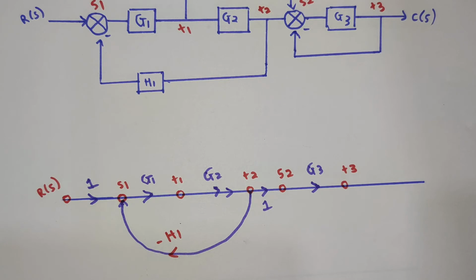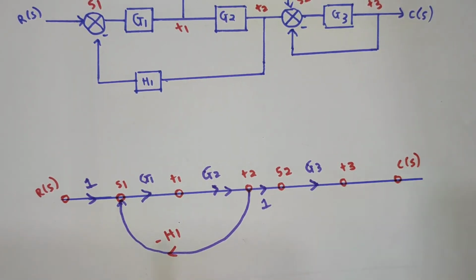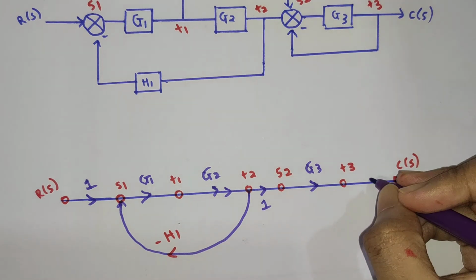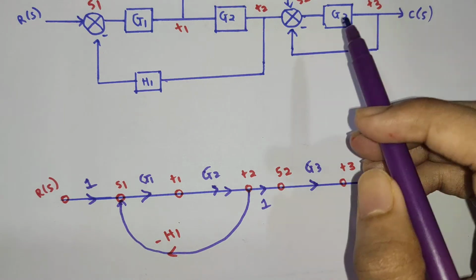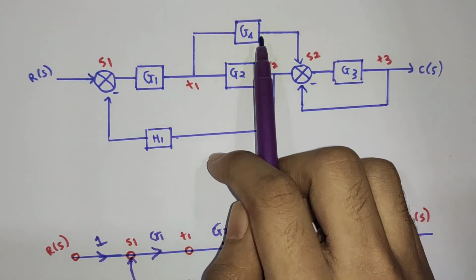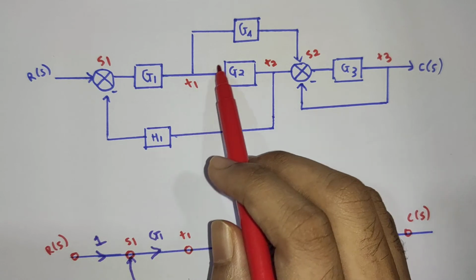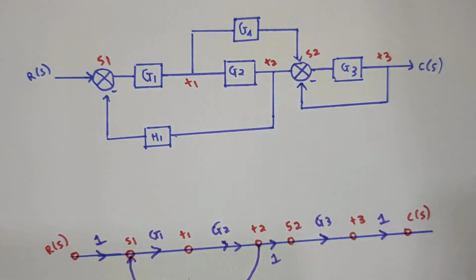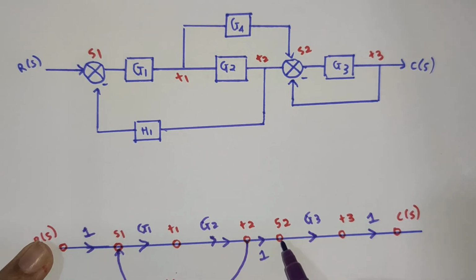Okay, I have not written the output C(s), and a gain is not present between them, so I'm going to give the gain as 1. Now there's another feedback here, G4. This G4 is from T1 up to S2, from T1 to S2.